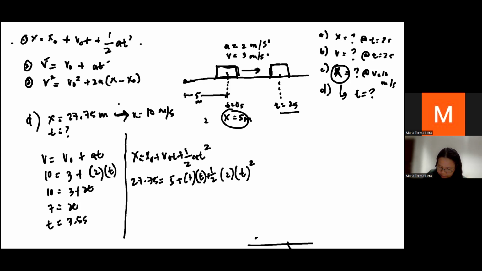Okay, so 27.75 equals 5 plus 3t plus 1/2 times 2, which is just 1. So this will be t squared. So that's it. You're going to transfer that.